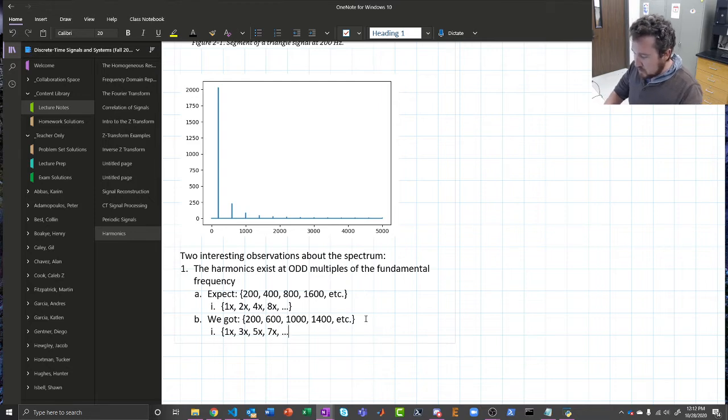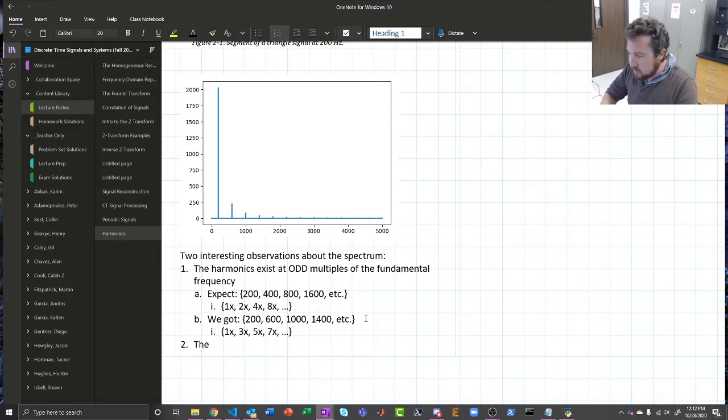And so on and so forth. So the harmonics exist at odd multiples of the fundamental frequency: 1, 3, 5, 7, 9, 11, 13, 15, all the way up. So that's the first thing, that odd multiples exist.